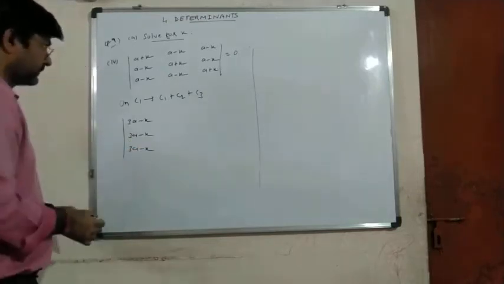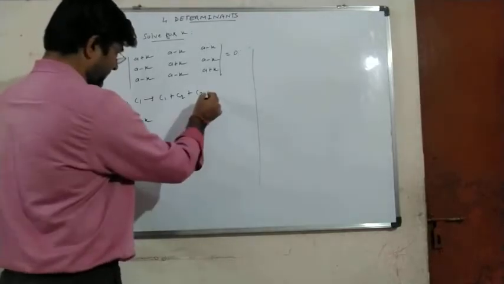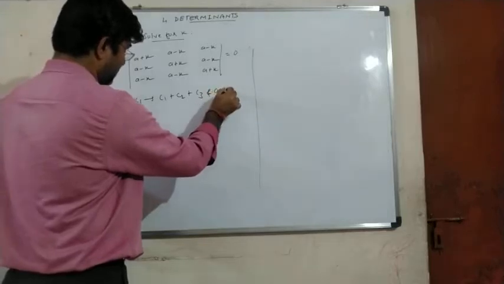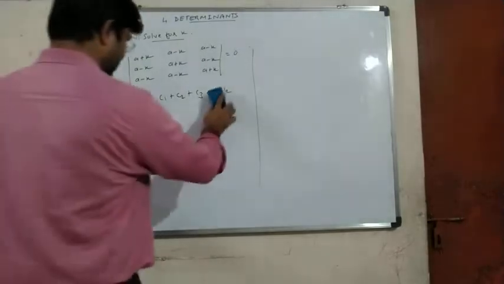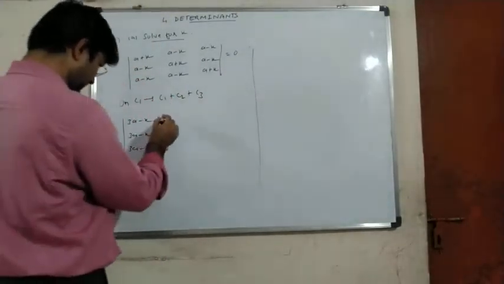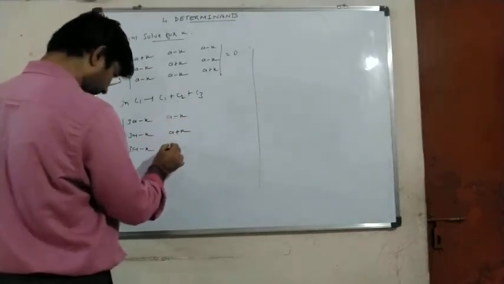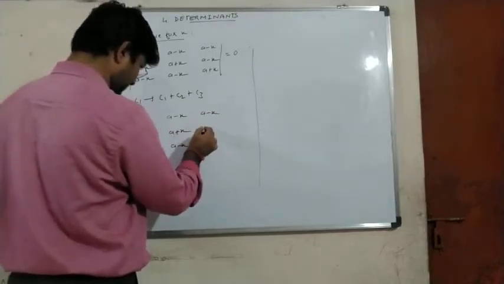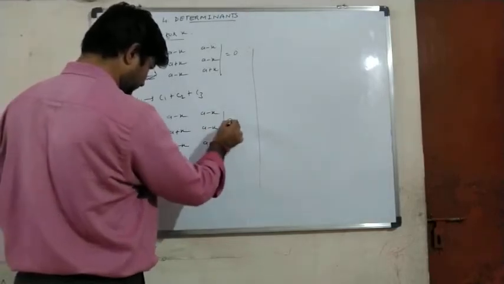Yes or no? Okay, since we will get 2 ones, so then we can get 2 zeros. Let us write down the remaining terms as it is: a minus x, a plus x, a minus x, a minus x, a minus x and a plus x.